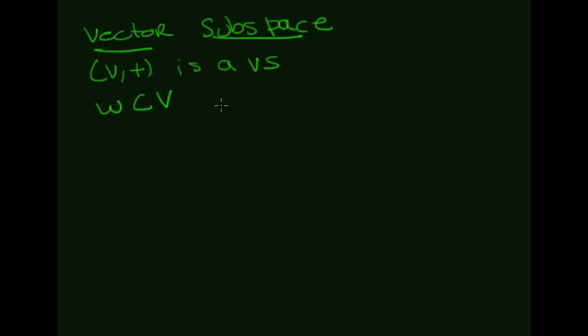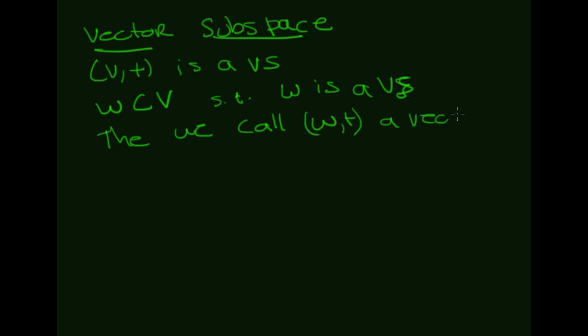And if this holds, that W is a vector space, then we call W under addition a vector subspace. Now, we get a neat little theorem here that says something kind of important.